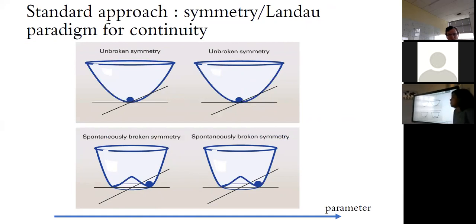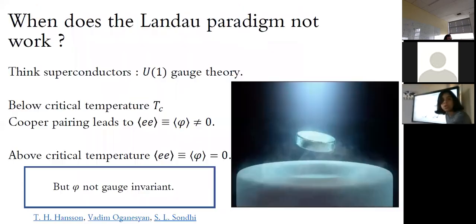And then let's say your ground state is either invariant under the symmetry transformation in both regimes, or it transforms under the symmetry transformation in both. In both of these cases, you can make a conjecture that the two sides are smoothly connected without a phase transition.